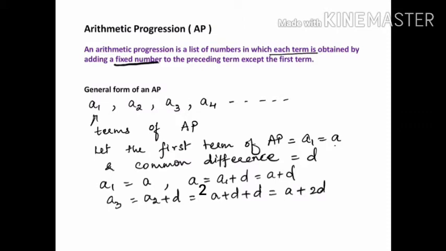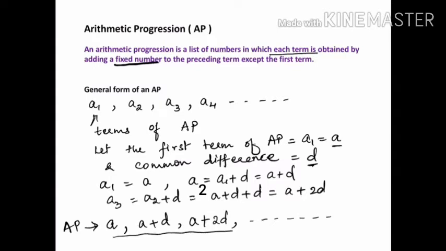So now we can write an AP that has first term A, second term as A plus D, third term as A plus 2D, and so on. So if we know the first term and the common difference, we can write down the AP like this.